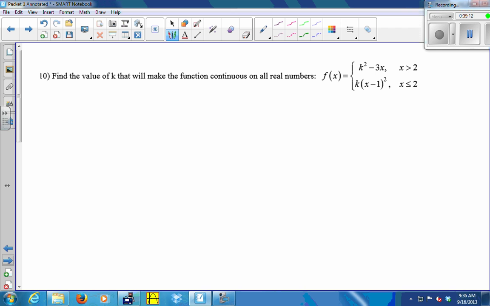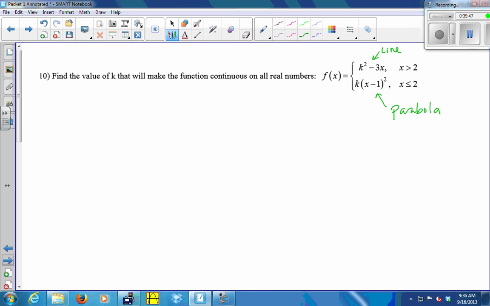What's its graph look like? k is just a number, like 25 minus 3x. It's going to be a line, right? Because k is just a constant, yeah. And then look at this next part. For k any number, some number like 5 times (x minus 1) squared. What's that going to look like? That's a parabola, okay.